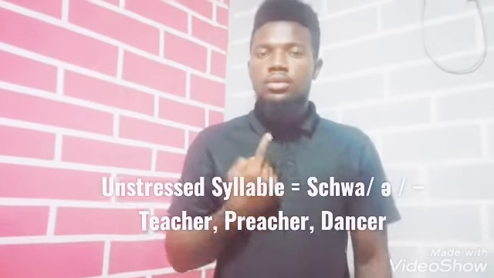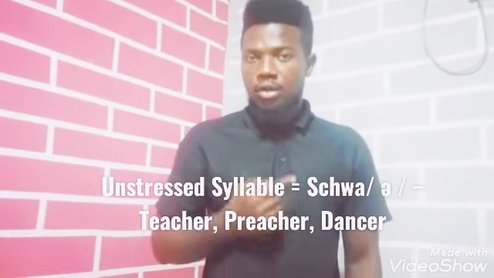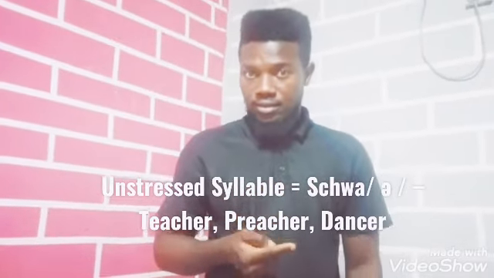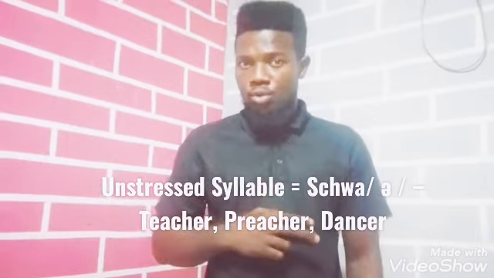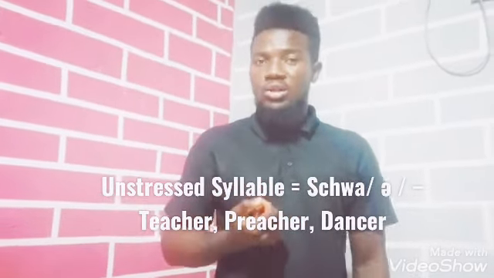Still the same letter e, when you have it in polysyllabic words, in an unstressed syllable, then it will take the schwa sound, which is in words like teacher, preacher, dancer. Good. Those kind of words. The e you have in the unstressed syllable will take the schwa sound.